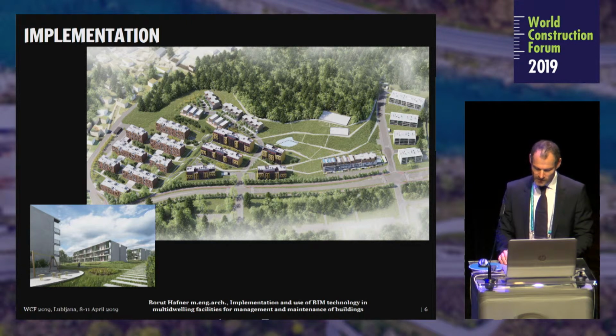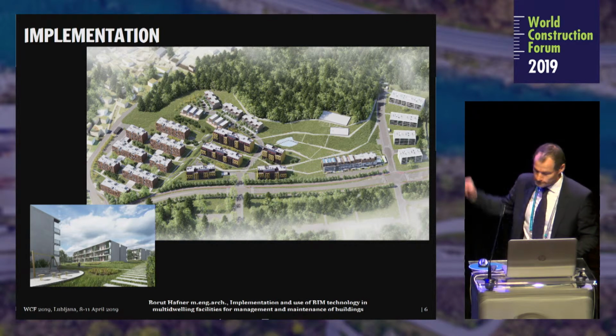So we have here a nice neighborhood we built. It's located on the western side of Ljubljana, and it's already built. There are around 640 apartments built in different phases, and all of them were sold, except the apartments in the last 4 buildings on the far right side.